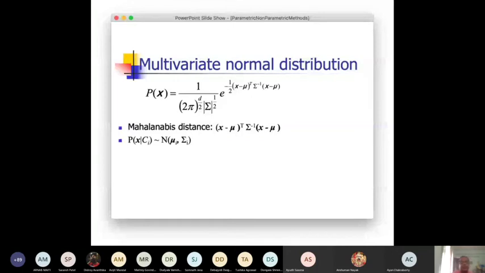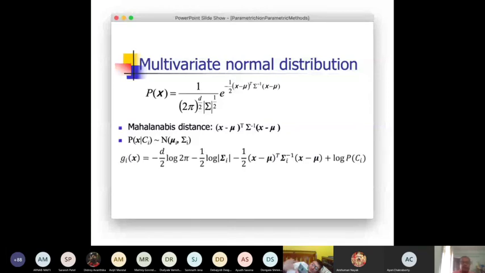So the likelihood of data is represented under the same framework. That means you consider a normal distribution in the multidimensional space. So each class will have a mean vector and a covariance matrix.